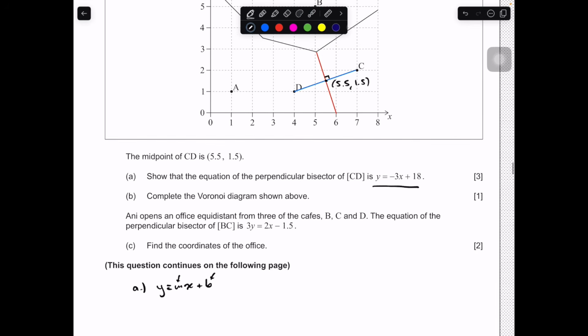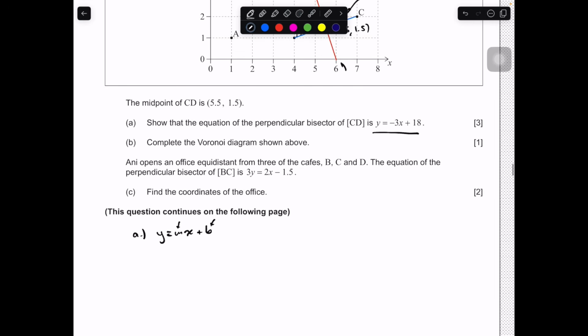Given that we have this perpendicular bisector right here, we know it's perpendicular to this line CD. So let's find the slope of this line CD. So let's say m of CD, just to say the slope of CD. The slope equation is given to us in the formula booklet. I'm going to write it out here. It's y2 minus y1 over x2 minus x1.